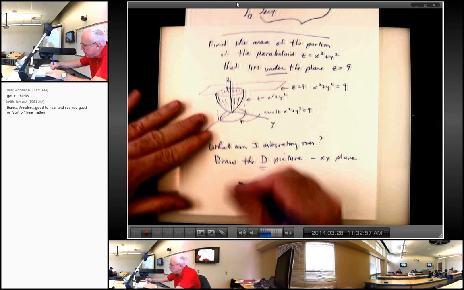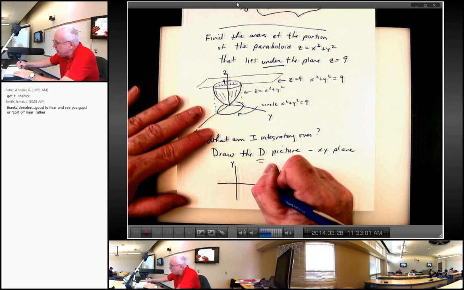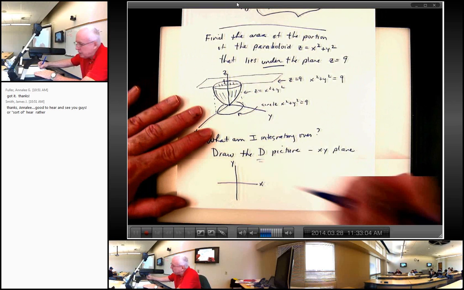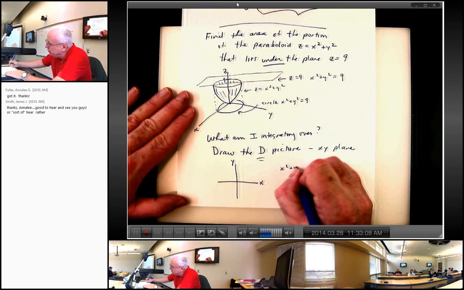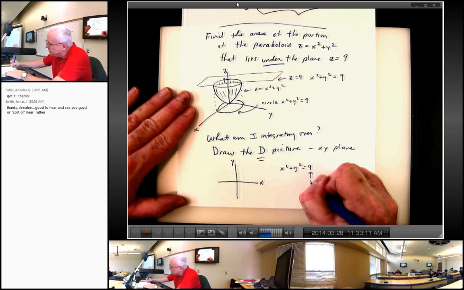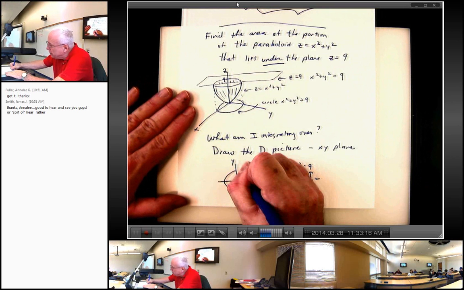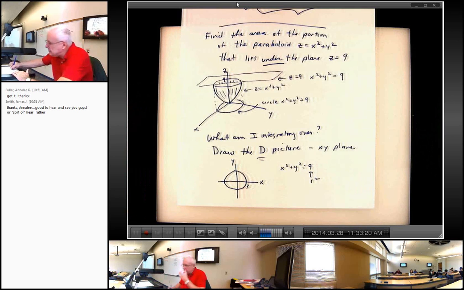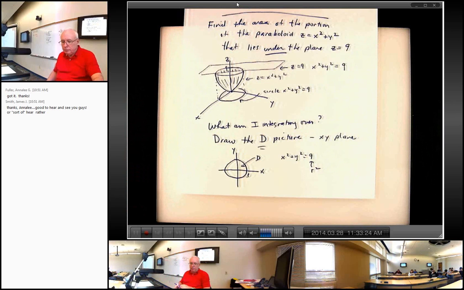So draw that projection. So here's our y and our x. We're going to have a circle. What's the radius going to be of this circle? 3, right, because this is r squared. So let's just draw a circle of radius 3. Right. This is our D that we will be integrating over.